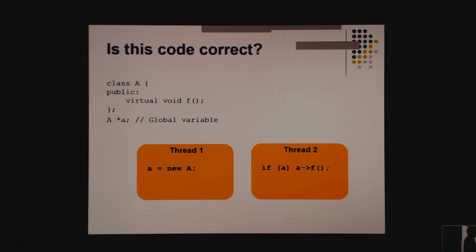Then a will be null, and it won't. What? Well, no, global variables are initialized to null, so that's not a problem with the code.